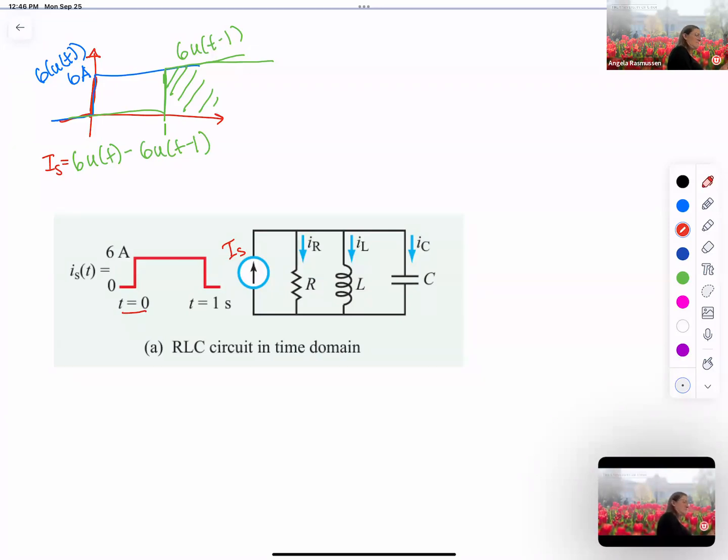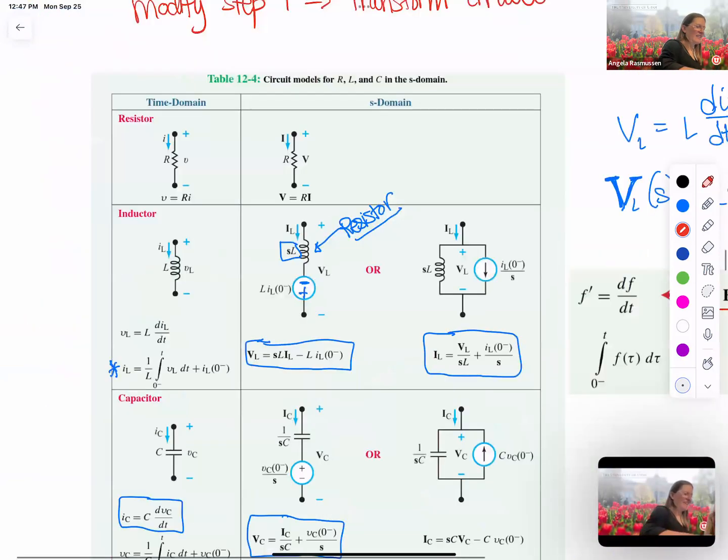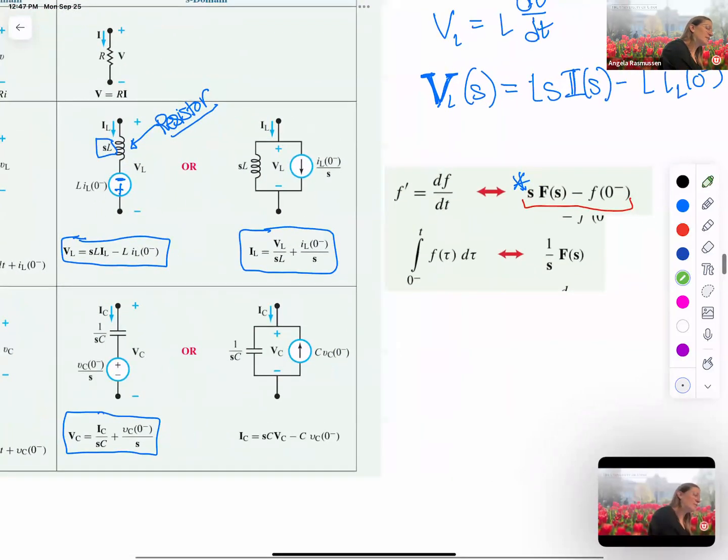Is this similar to a voltage loop? Yeah. So the voltage loop would be: if I do a loop, this goes up, and this is a plus to minus because of the direction of the arrow.